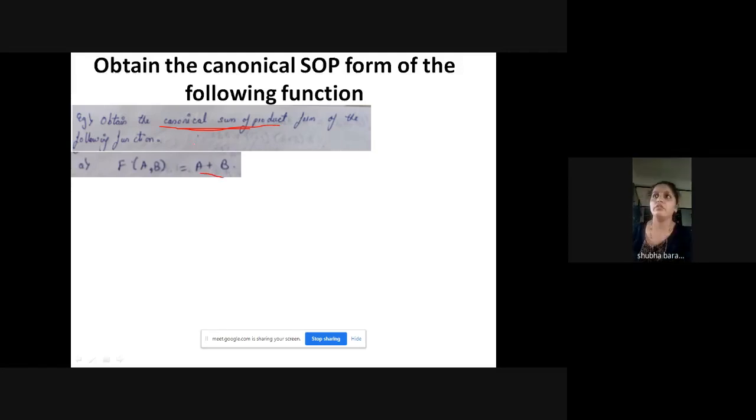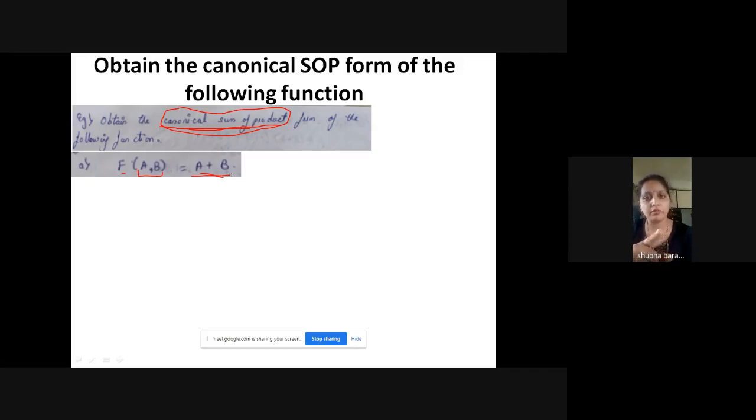If you recall the definition of canonical form, canonical form means, for a function of a number of variables, for example here this function is a function of two variables a and b, this has to be expressed such that a and b occur once, either in the complemented form or in the uncomplemented form.